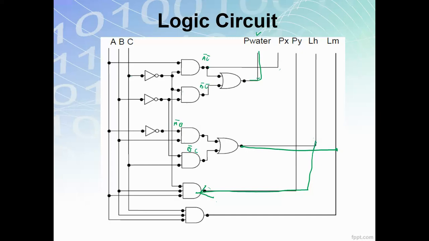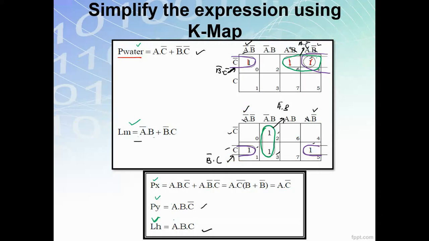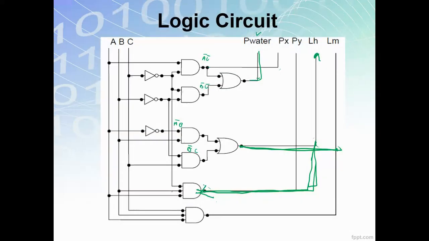This is wrong, it's a bit reversed. Hope it gets corrected. Okay, the drawing. This is actually for this output. This is actually for the output of the red lamp. And this one is actually for ABC bar.